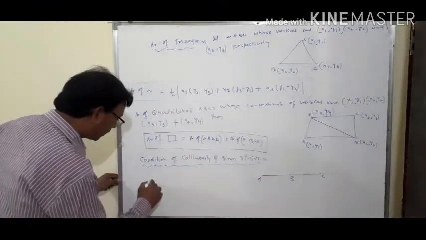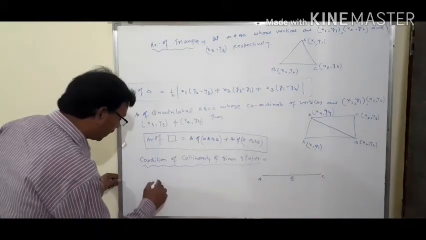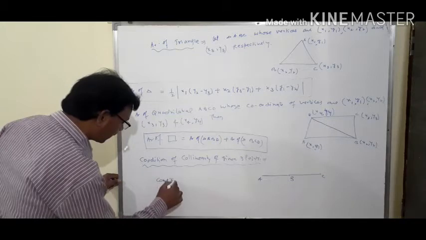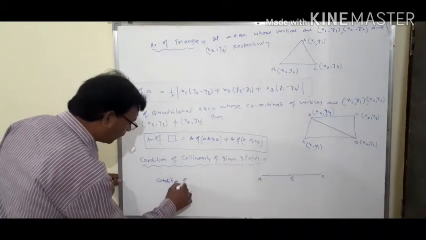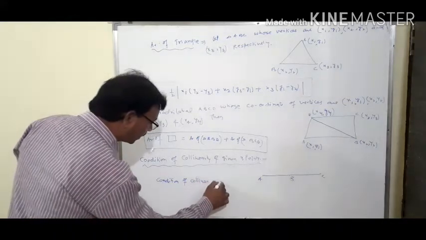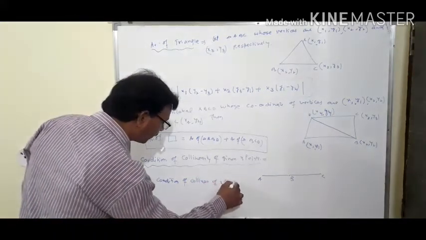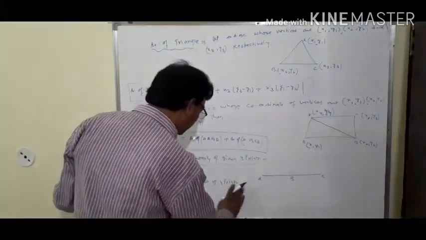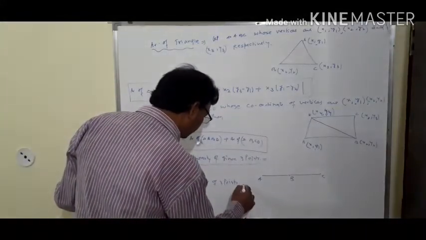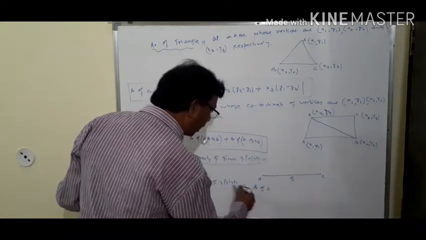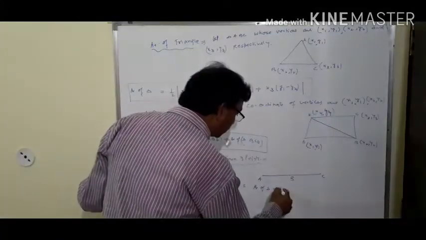That means you should write like this: the condition of collinearity of 3 points will be that the area of the triangle formed by the given points is equal to 0.